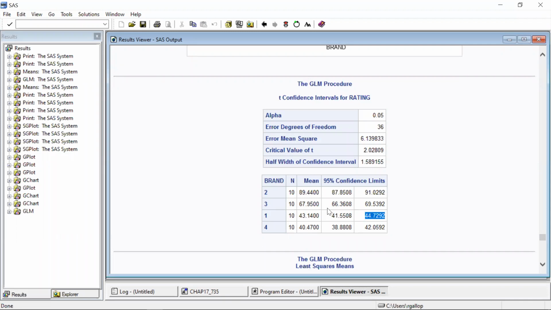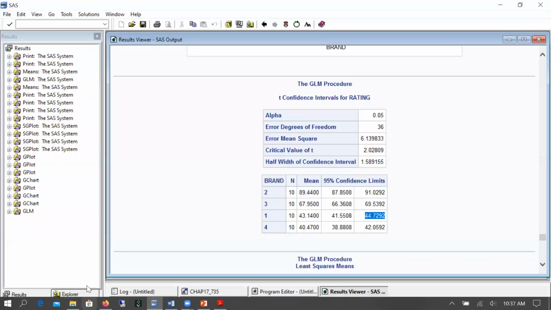Its estimated 95% confidence interval is 66.36 to 69.54. So we're 95% confident that the true average rating is somewhere between 66.36 and 69.54 for brand 3.